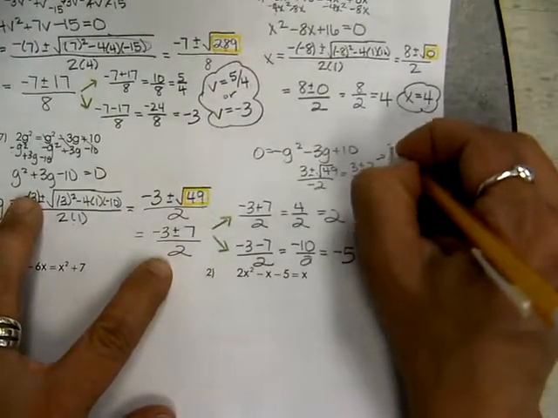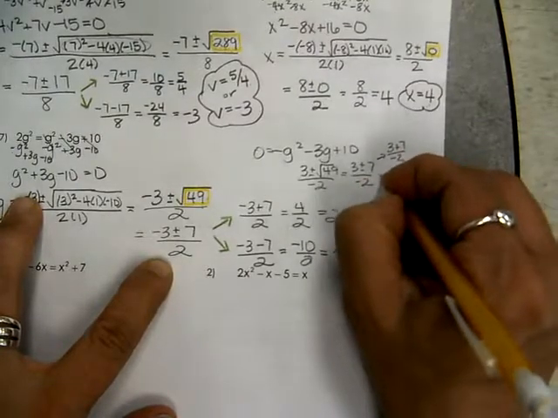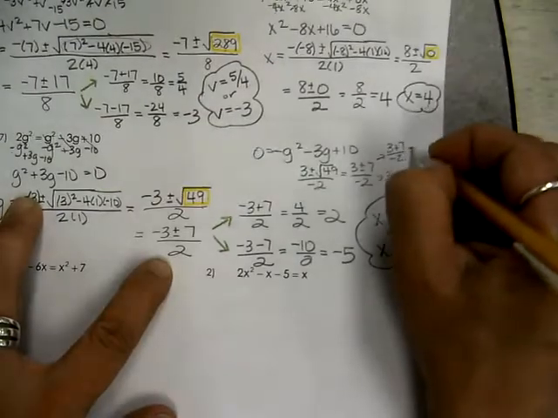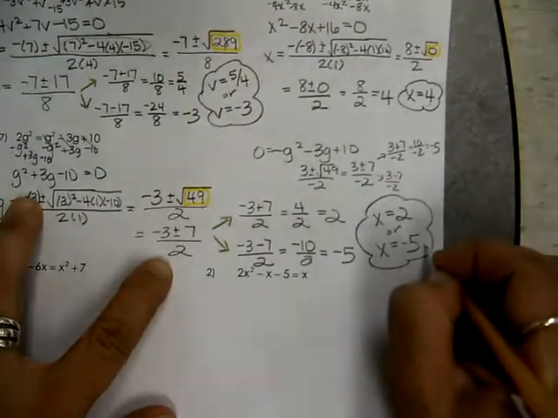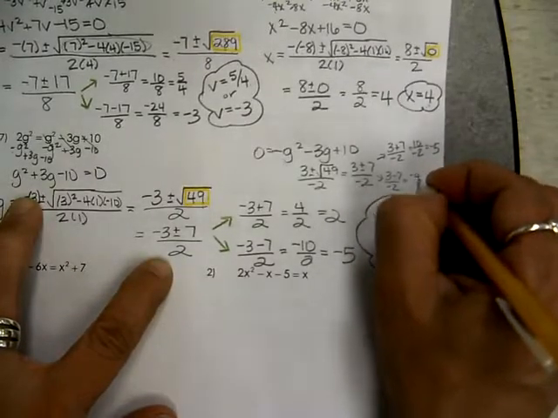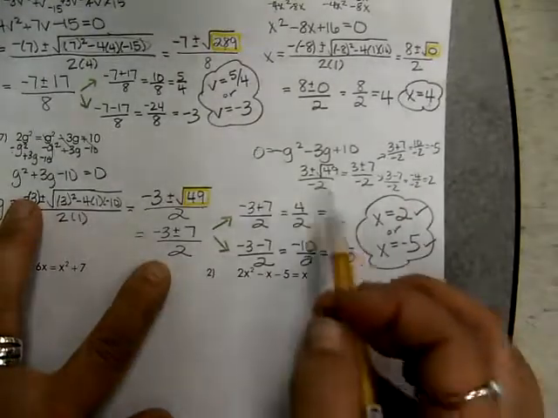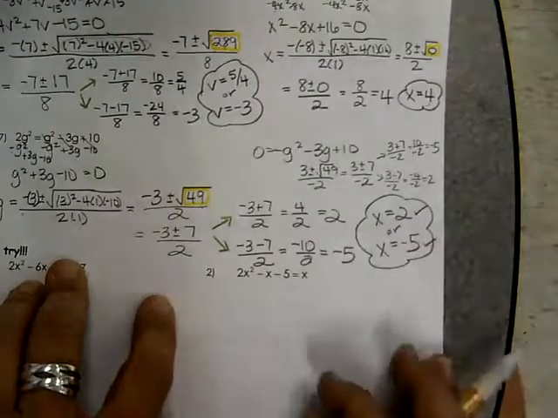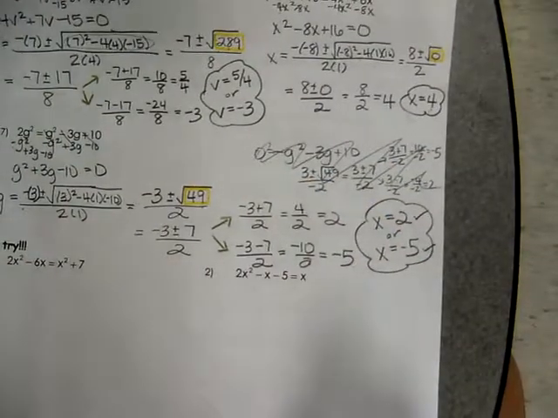And again, when you split, 3 plus 7 over negative 2, and then 3 minus 7 over negative 2. 3 plus 7 is 10. 10 over negative 2 is negative 5, which we got. 3 minus 7 is negative 4. Negative 4 over negative 2 is 2, which you got. So I know a couple of you had asked about what if you put it on the other side. Notice at the end of the day you get the same answer, okay? You definitely don't have to do both of those, okay?